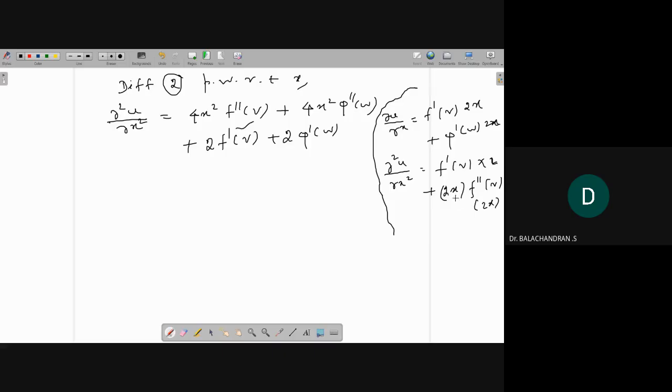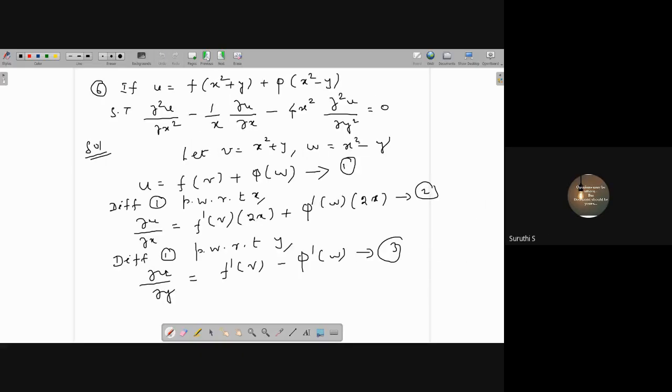So 2x into 2x is 4x square f double dash of v. Similarly, you should do for phi dash of w and 2x. I leave that part to you. You will get these two terms: 4x square phi double dash of w and 2 into phi dash of w. I call this equation number 4.